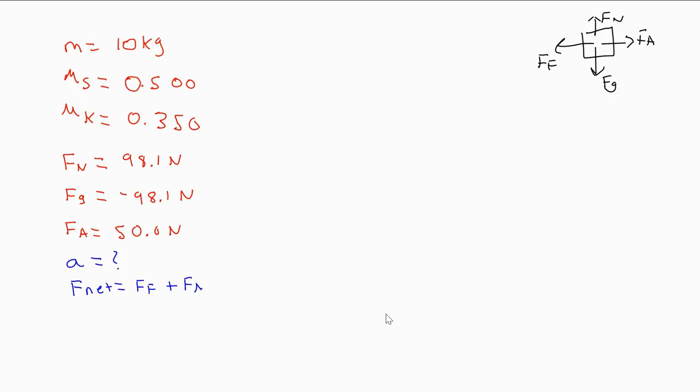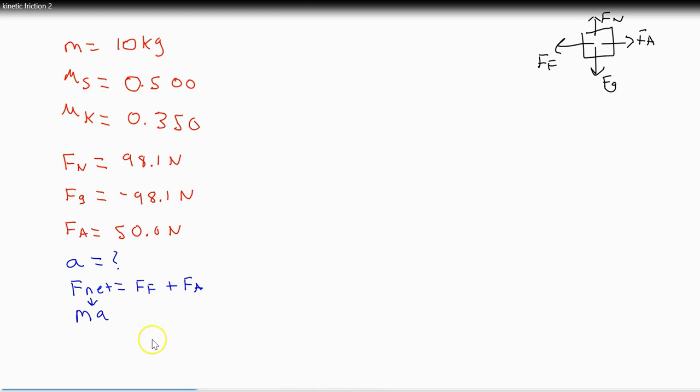I'm looking for the acceleration, and so I'm going to use my F net equation, always. In this case, you're going to notice my F net equation only contains the force of friction and the applied force. That's because earlier we already found our normal force and our force due to gravity, and we solved in the y direction already.